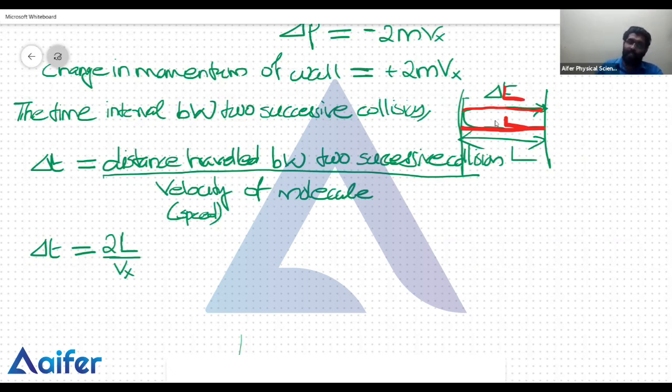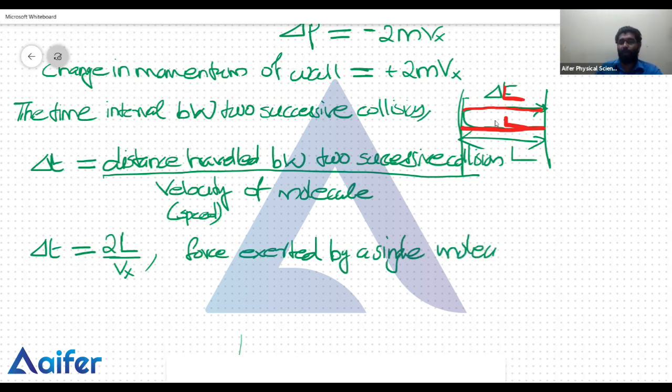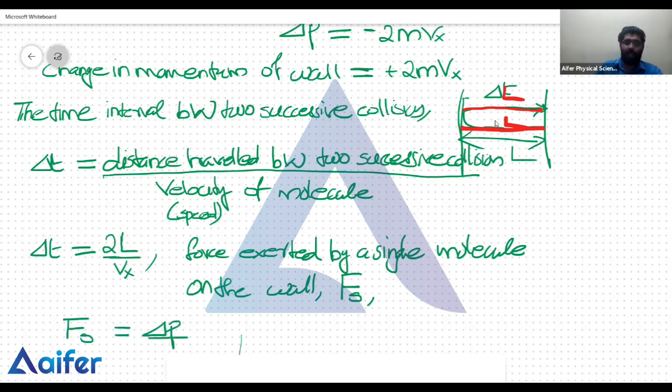We know that in each collision, the gas molecule will impart some force on the wall. So the force exerted by a single molecule on the wall, I can call it F single. That force will be the change in momentum divided by the time taken for it.